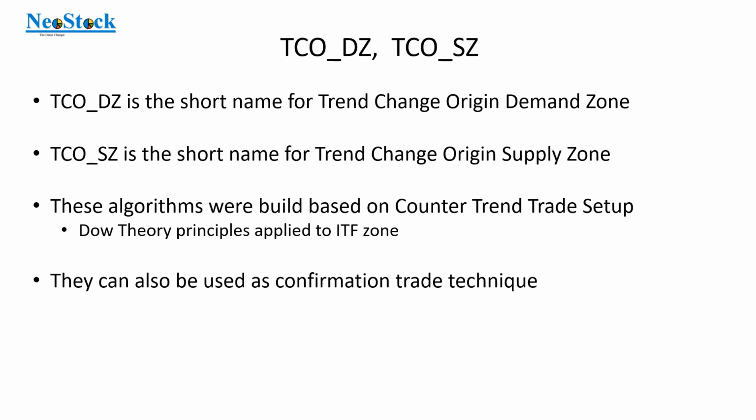Why do you want to go to the counter trend trade setup first of all? Why should you go against the trend? Because at the time of trend changes, if you are able to identify it and take the trades, there are higher chances that you get more profits. Let us assume from downtrend it changed to sideways. You are anticipating from sideways it will go to uptrend. So you took a long trade.